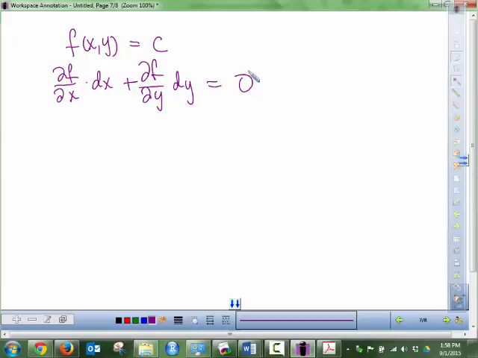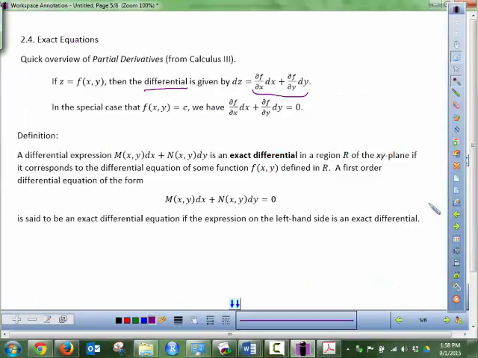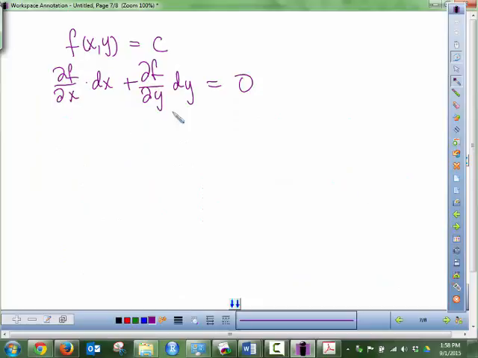So we saw that a couple of slides ago. It's the same thing, right? I didn't change anything, did I? Is equal to 0.